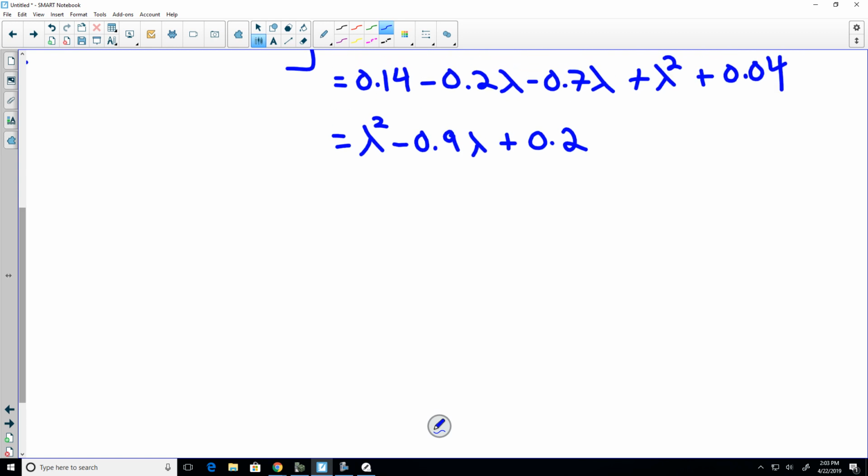So can we multiply two numbers to get positive 0.2 and add them to get negative 0.9?